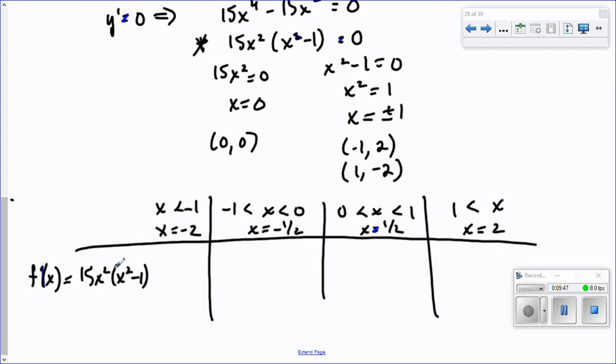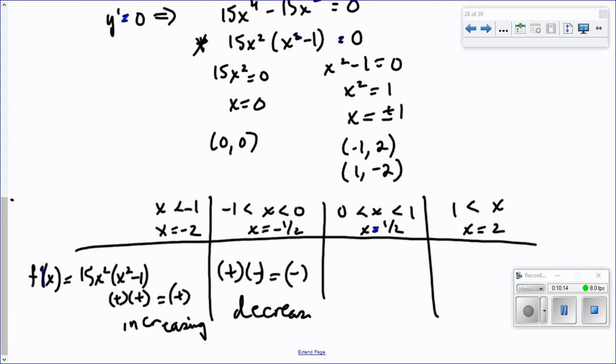When x equals negative 2, I've got a positive and a positive, positive, so it's increasing in that interval. The next one, at negative a half, I've got a positive and a negative, that's negative, that's decreasing. When x equals a half, I've got a positive and a negative. The product of a positive and negative is a negative, and that's also decreasing.